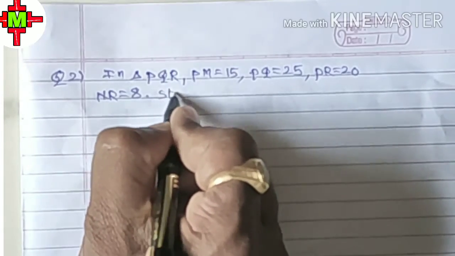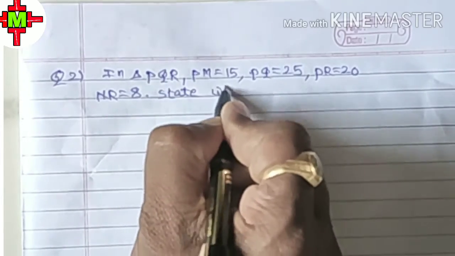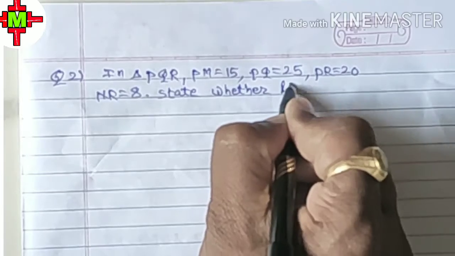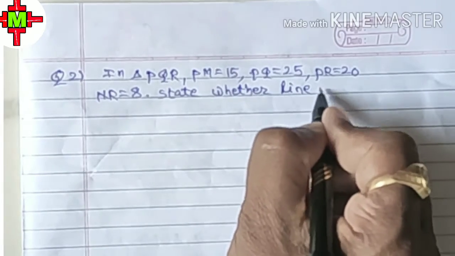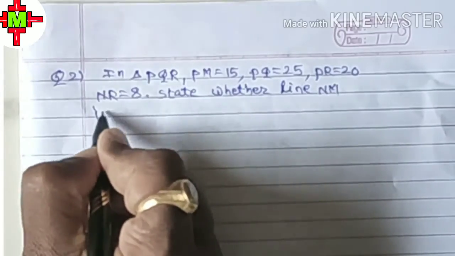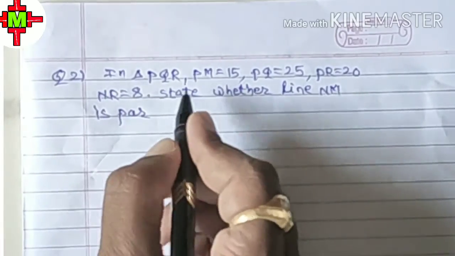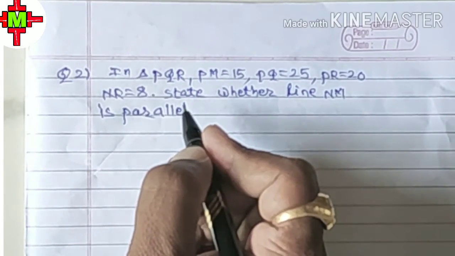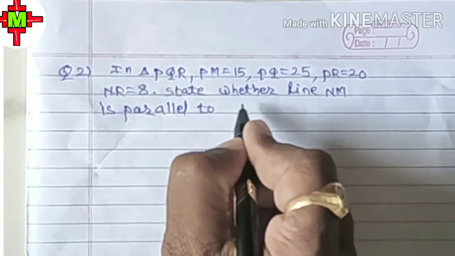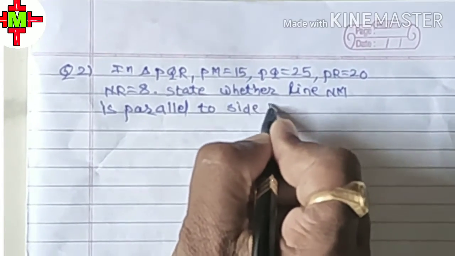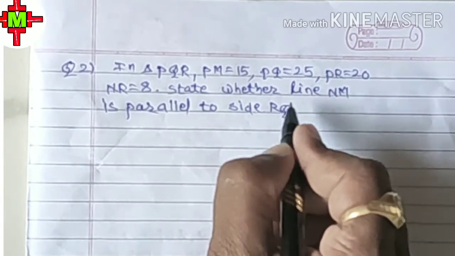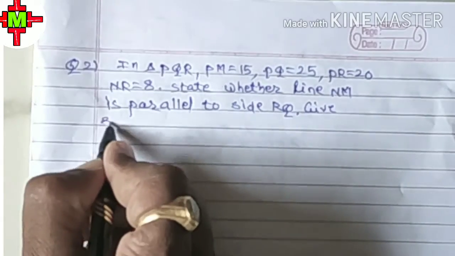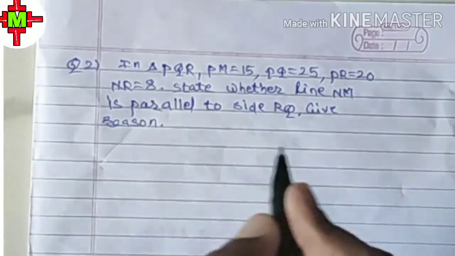State whether line NM is parallel to side RQ, give reason, and figure is given to you.